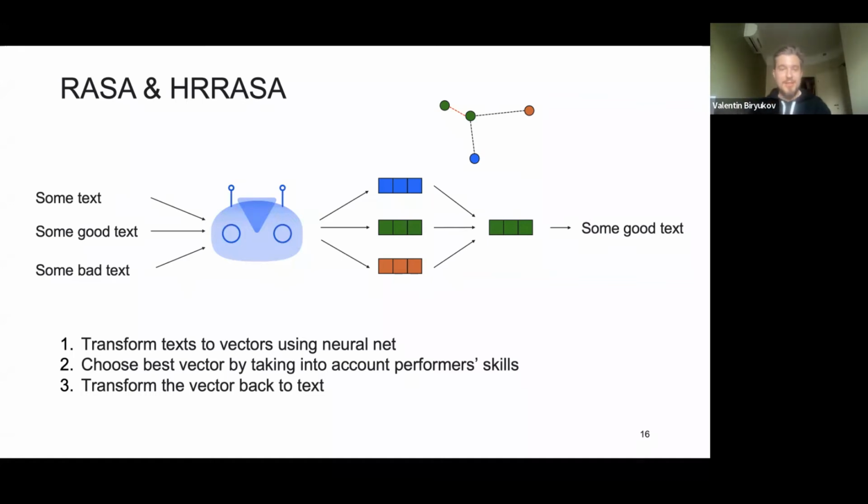In this case, the classical approach may choose the real good text, because it's the answer most similar to the others, and note that the bad text is something like a critical phrase that is really far from our answer.